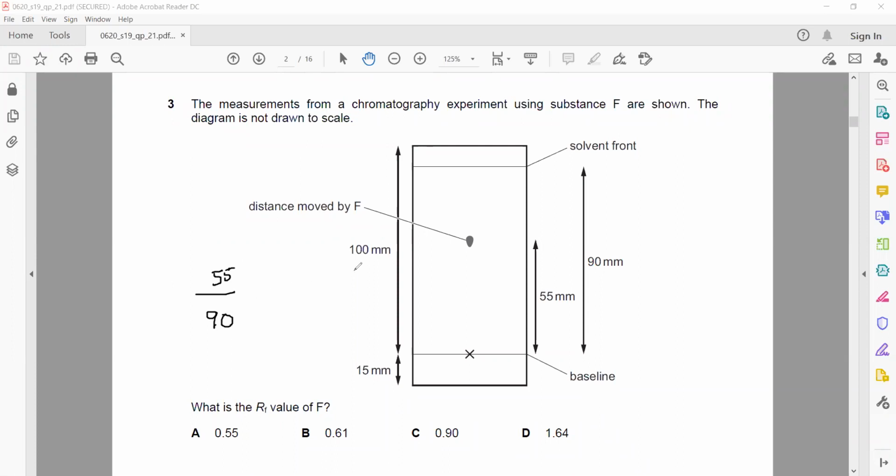RF value cannot be more than 1, it is less than 1. So this value is totally wrong. Why is it totally wrong? Because the spot cannot rise more than the solvent. The maximum it can be is 1, if the spot and the solvent front rise to the same level. So that's why B is the correct answer.